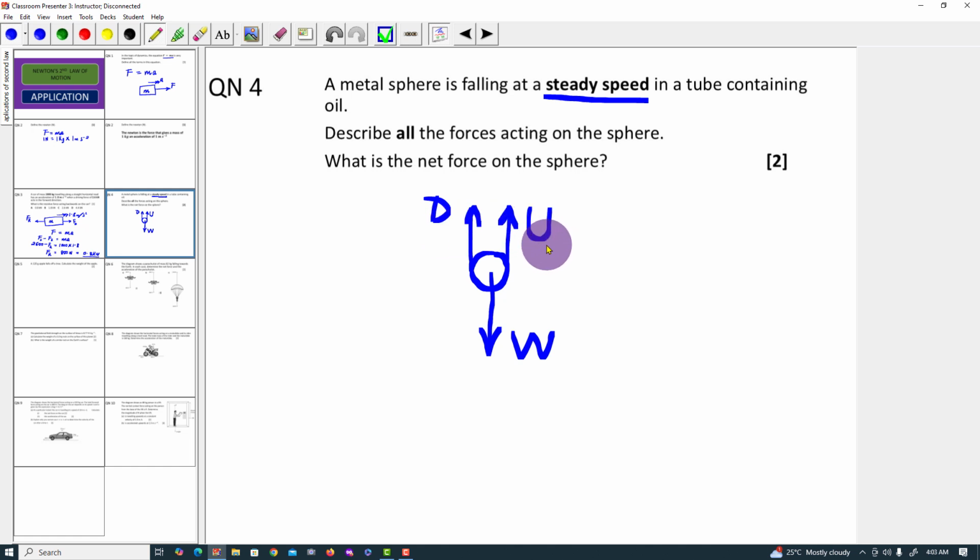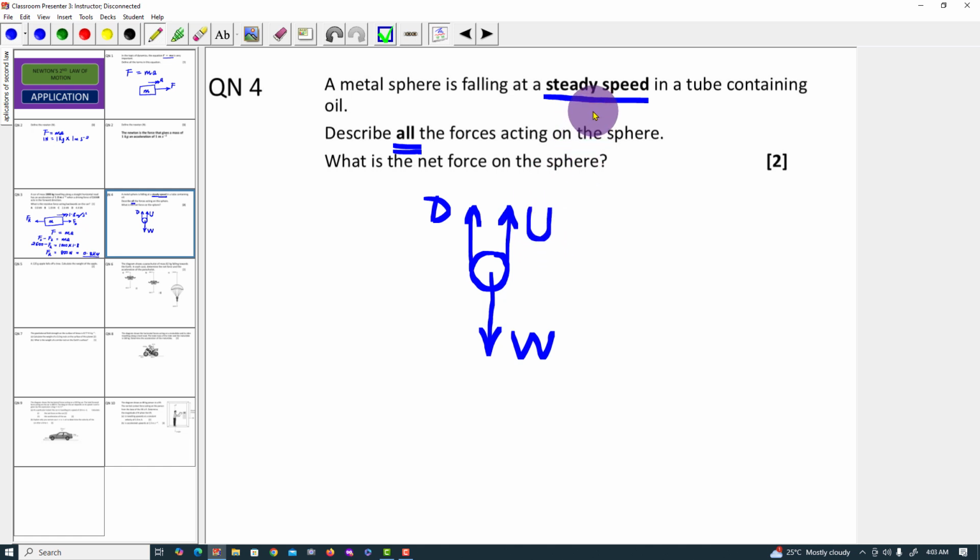Then this is the upthrust on that object, and this is the weight of the object. We'll not go into the equations, how this one is calculated and all that, because we have just been asked to describe all the forces, and by description we name the force and state the direction in which it is acting, and we can even state what it is due to.